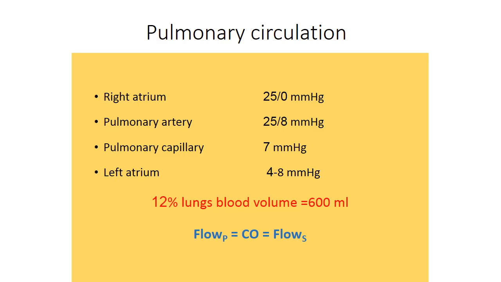And pulmonary capillary pressure is about 7 millimeters of mercury, and left atrium pressure is about 4 to 8 millimeters of mercury. About 20% of our whole blood flow is circulating in the lung, about 600 milliliters, and the flow of the pulmonary system is equal to cardiac output and the flow of the systemic circulatory system.